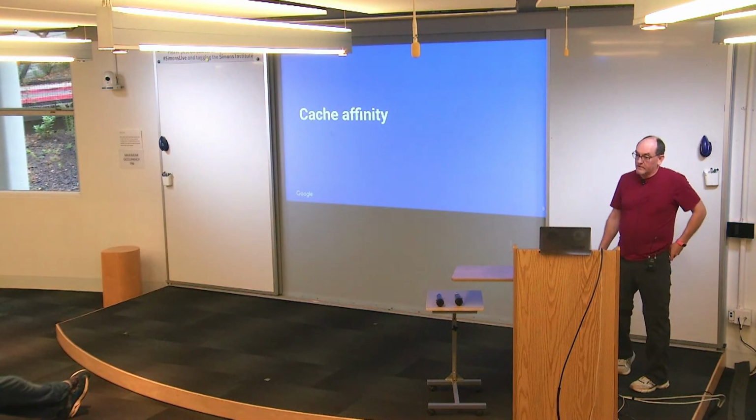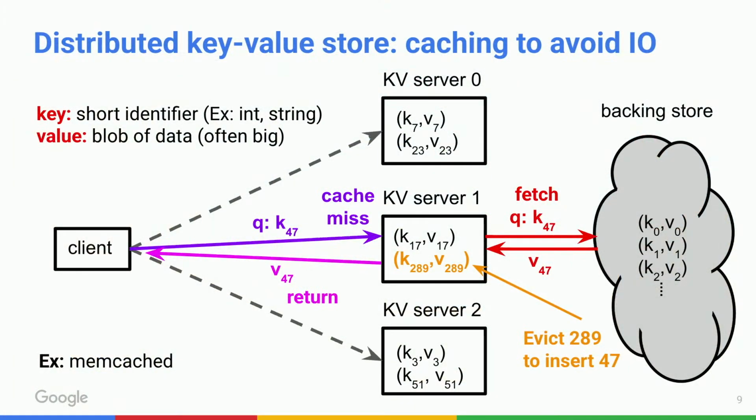All right, so now, cache affinity. Basically, there are 2 examples I want you to keep in mind for this talk about what types of affinity we're talking about. The first is caching to avoid I/O, and the quintessential example there is just a distributed key value store. So here you've got some backing store that has all the key value pairs.